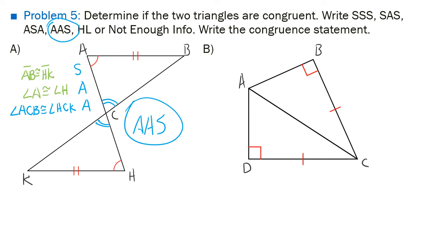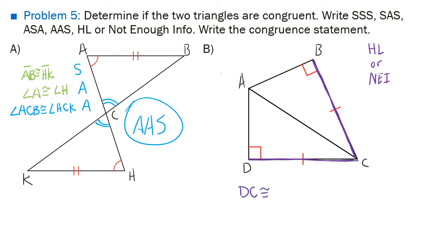Our next one, you can see we have the 90-degree angle here, 90-degree angle here. This is talking about right triangles. Since we're talking about right triangles, our options for it to be correct is HL or not enough info. So we have to see, do they have a leg that's congruent, and do they have a hypotenuse that is congruent? So here is the leg of the triangle that I'm marking in purple, where they have the two congruent marks. So yeah, we have the leg.